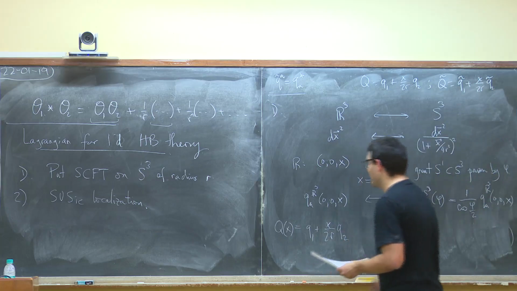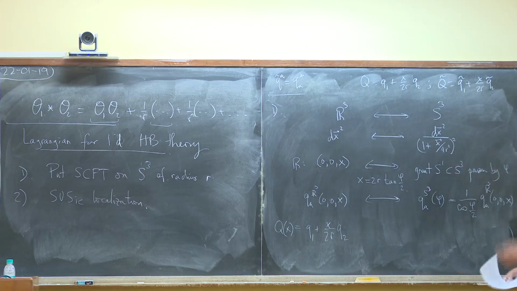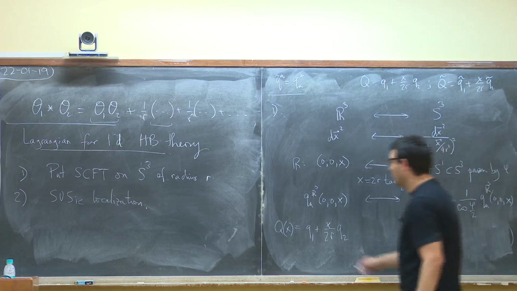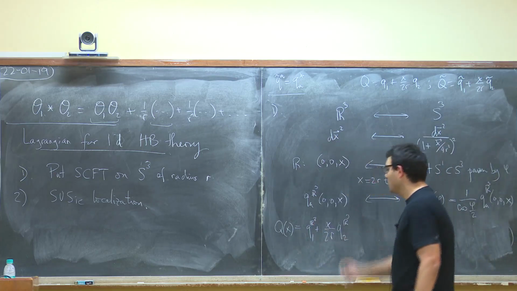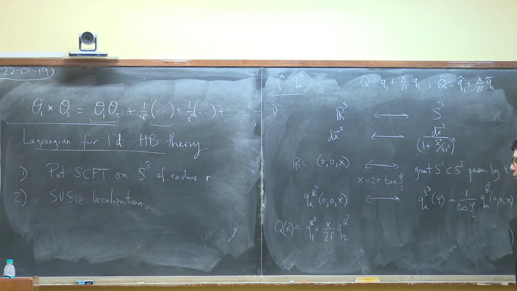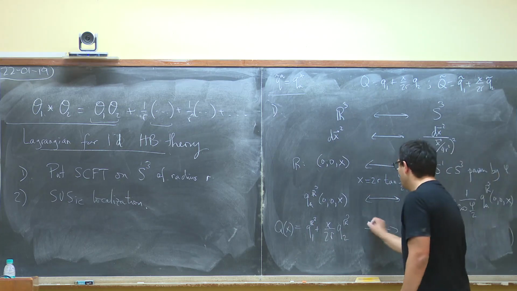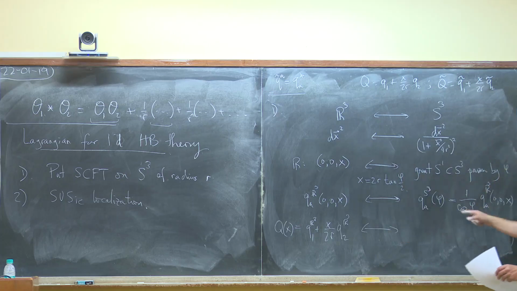OK, so in flat space, we had Q of x. Phi is the angle along the circle. So Q of x was defined in terms of the operators in R3, Q1 plus x over 2r Q2. If we want to write it in terms of the operators on the sphere, we have to multiply by this cosine phi over 2.